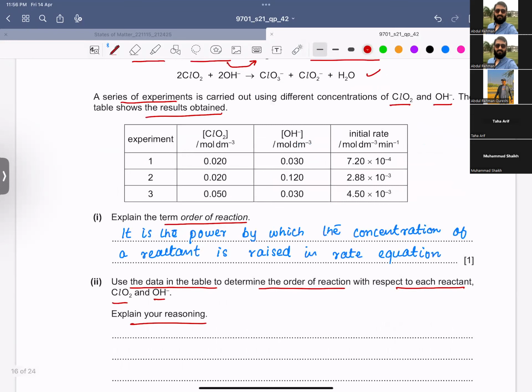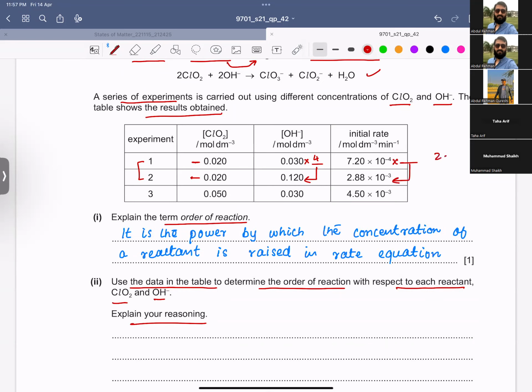So, if I use experiments 1 and 2, there is no change in the concentration of ClO2, but the concentration of hydroxide ion is raised 4 times in experiment 2, right? So can anybody tell me by which factor the rate is increased?